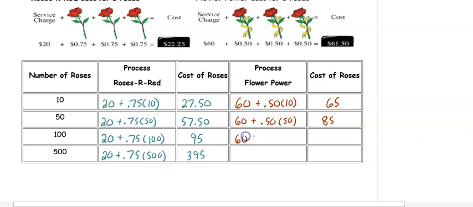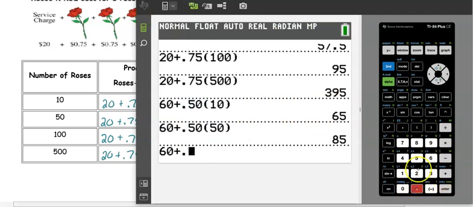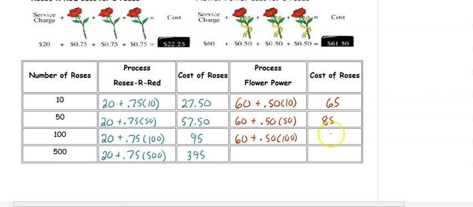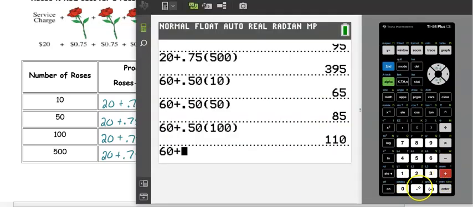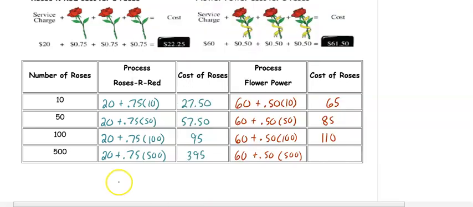And then we have 60 plus 0.50 times 100. That's going to be $110. And then we have 60 plus 0.50 times 500, and that would get us $310.